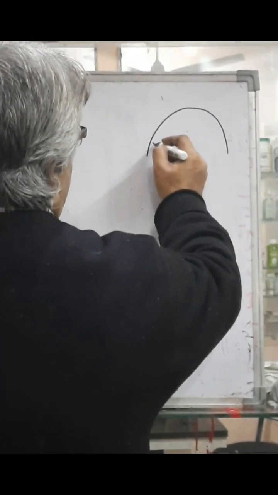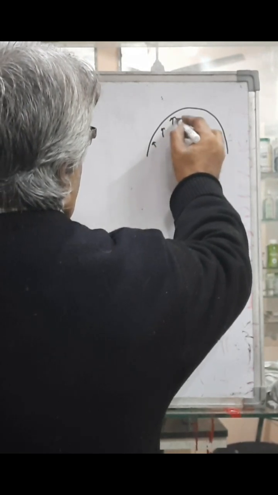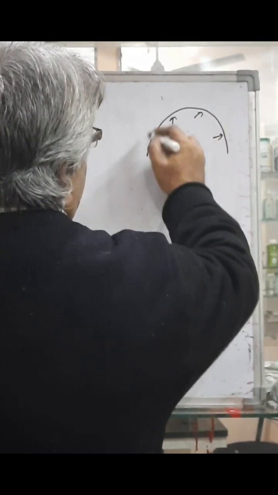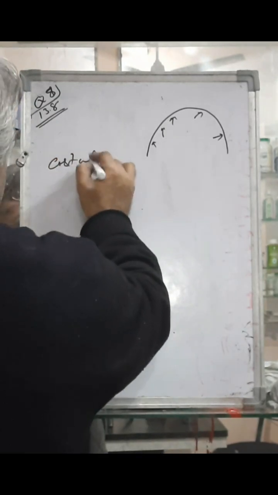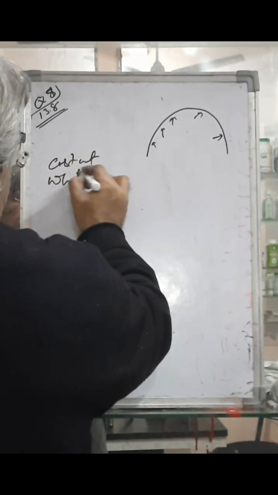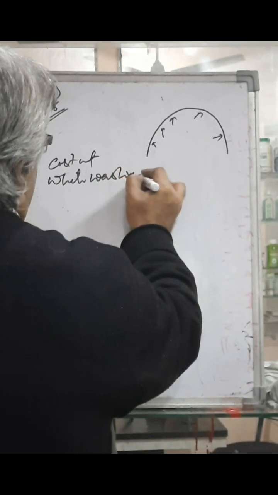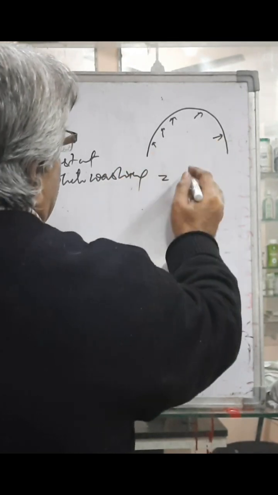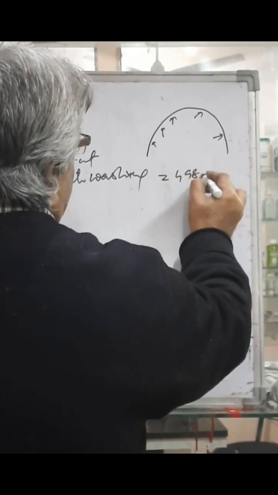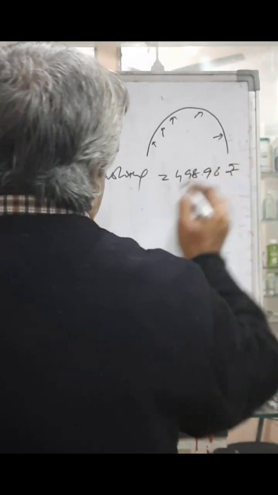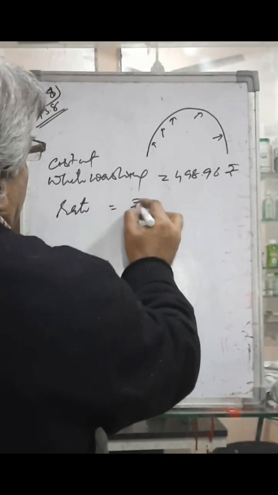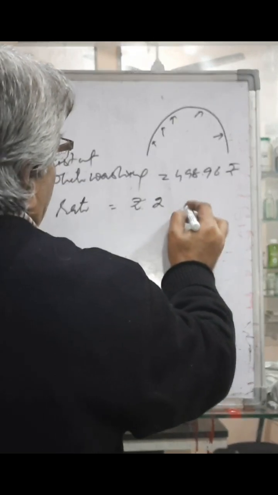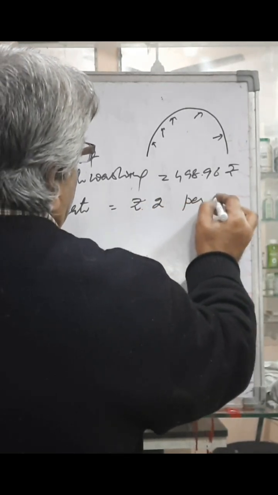Cost of whitewashing the inner surface is 498.96 rupees, and the rate is given as rupee 2 per meter square.